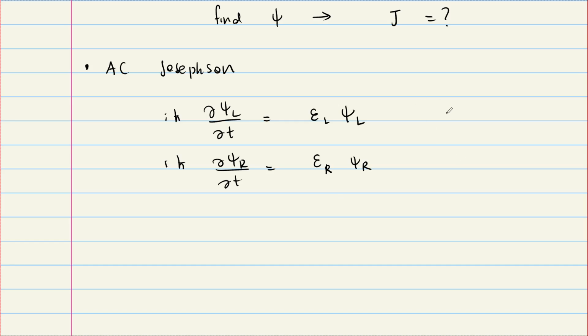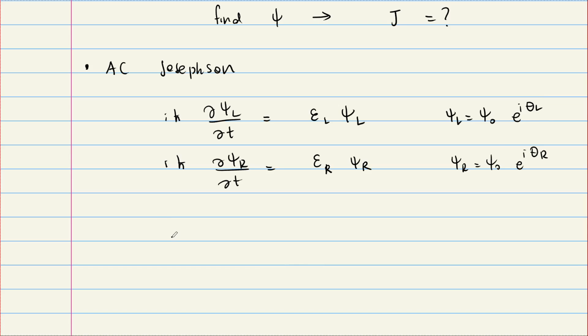And let's write psi left as psi 0 times e to the i theta left, and psi right as psi 0 times e to the i theta right. And psi 0 is constant. The only time dependent thing is going to be the phase.